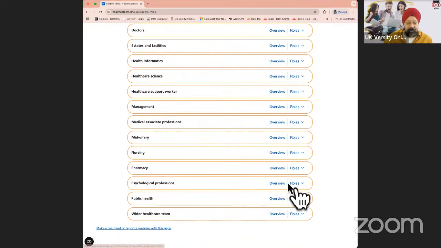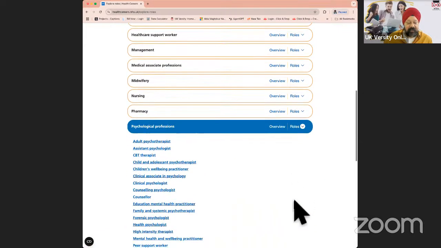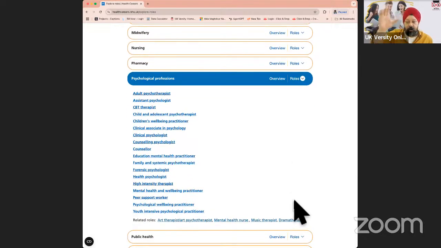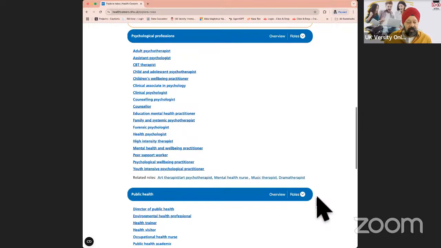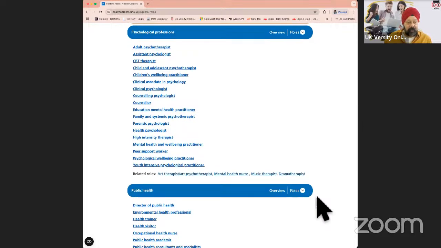If I were to expand any of these, these are the various kinds of roles, and they all add up to 350 different roles that you would generally see under the organization of health and social care provision in a particular country. So within England, these kinds of roles would be available.